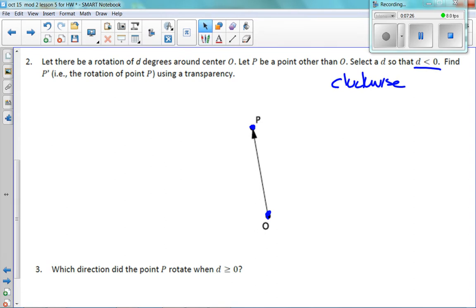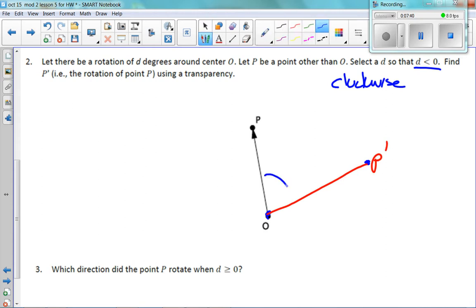So I'm going to move P. Now I don't have a transparency, so I'm doing the best I can. You do have a transparency, so your rotation should look much better than mine. And we moved in a clockwise direction.